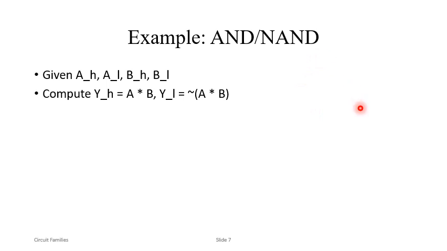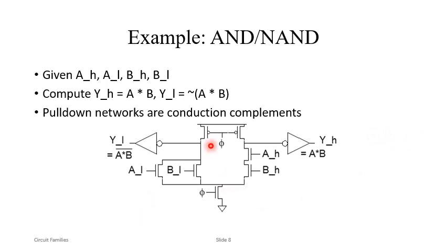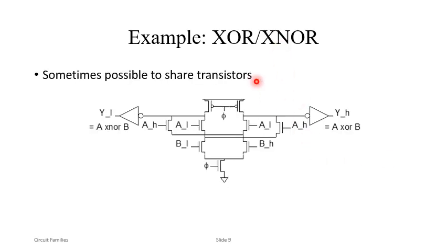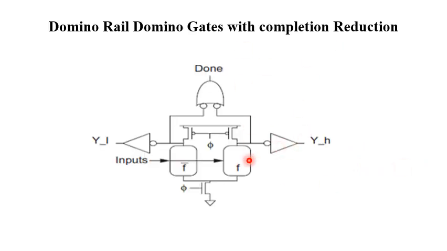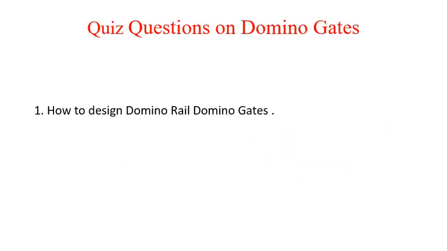Next, some examples of AND operations are given, and the diagram shows how to compute the AND operation using the dual rail domino structure. In the same way, XOR and XNOR examples are given, showing how to draw the diagram using dual rail domino logic. Then, with the same dual rail domino logic, the completing reduction process is shown in this diagram.